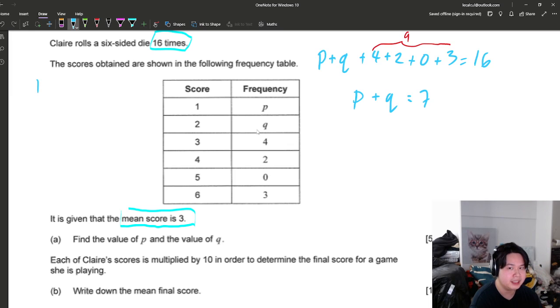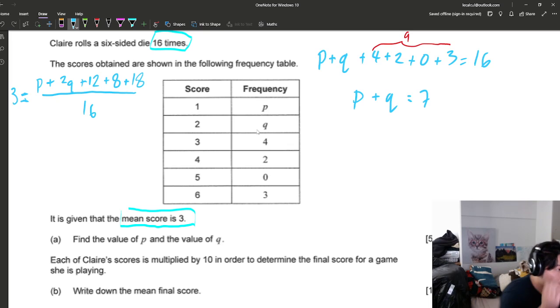So I'm going to take P times 1, I'm going to add 2 times Q, 3 times 4, which is 12, 8 is 4 times 2, and then 6 times 3 is 18. So if I divide this by 16, this is my mean of 3.